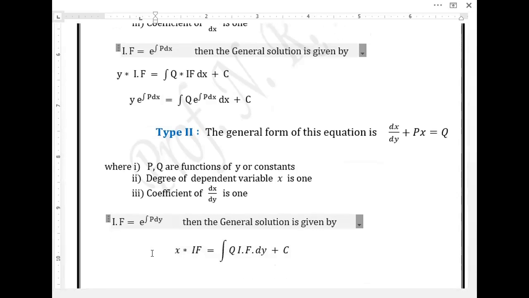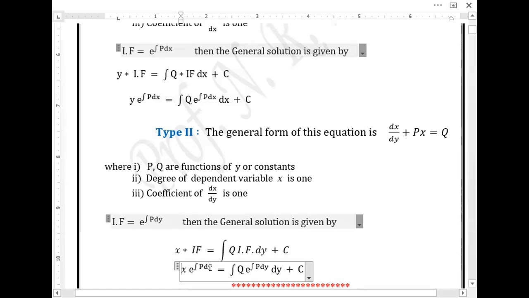After replacing the value of the integrating factor, we get the solution x into e raised to the integration of p dy is equal to the integration of q into e raised to the integration of p dy, dy, plus c. This is the way to find the solution.